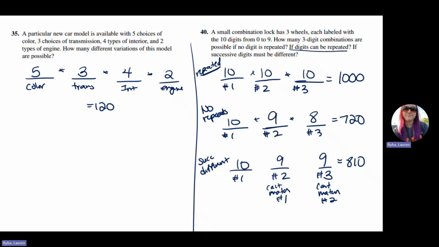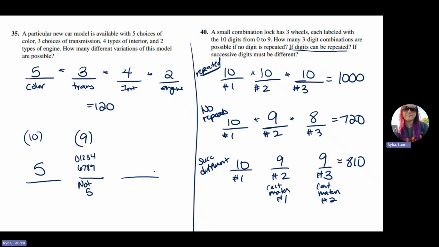So let's say I put 5 here. This cannot be 5. So that means there's still 9 other potential numbers, right? Could be 0, 1, 2, 3, 4, 6, 7, 8, 9. There's 9 possibilities there. I have 10 choices here.